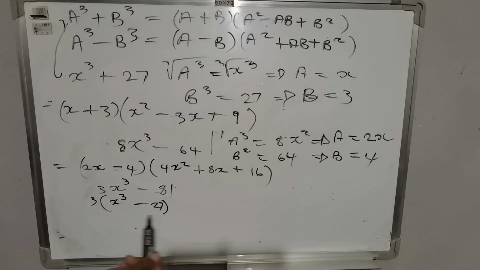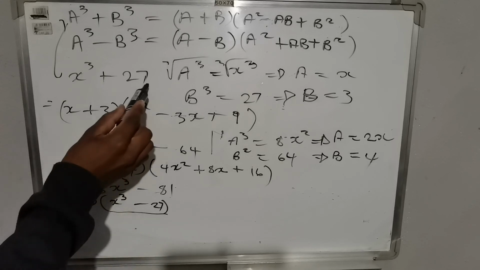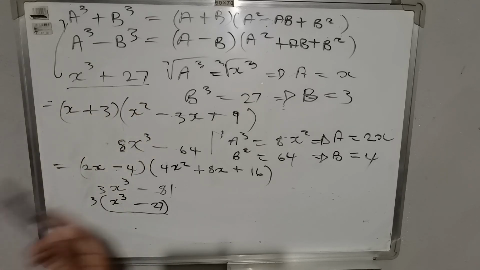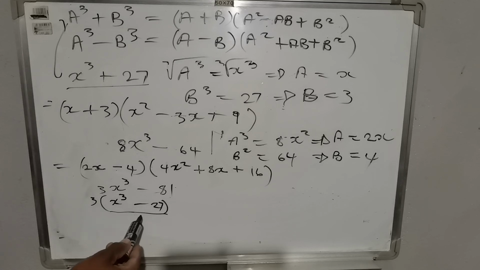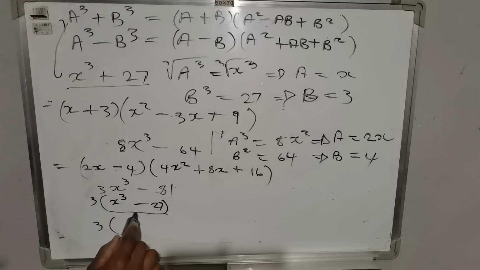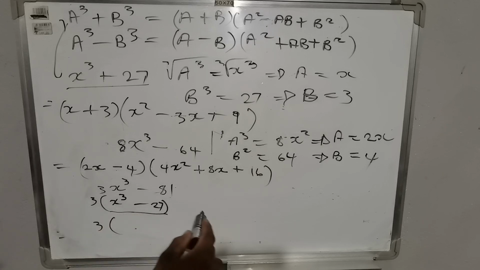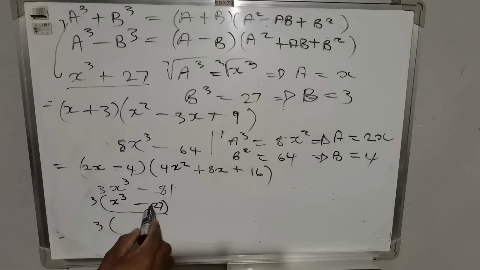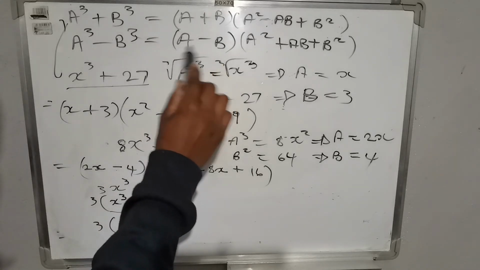So this is exactly this, but the only difference is that you have minus now. So how will you solve it? You will say this is equal to 3 into, we know that we just have to substitute a and b.